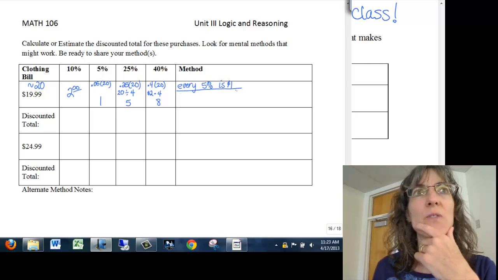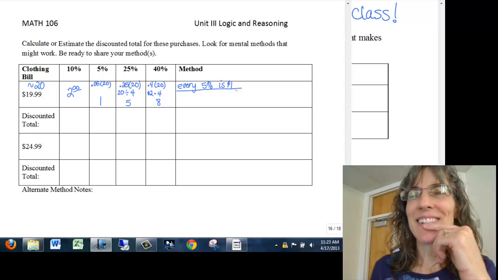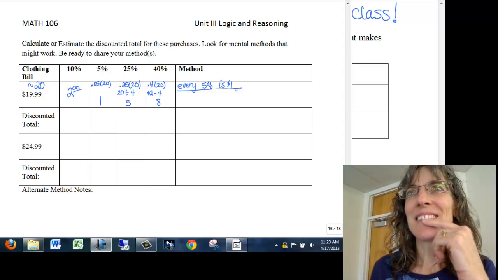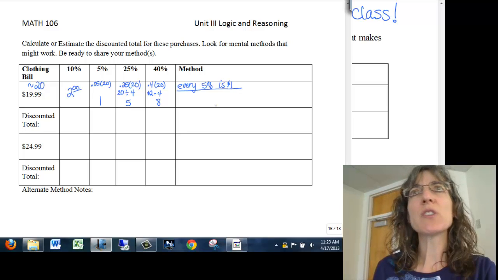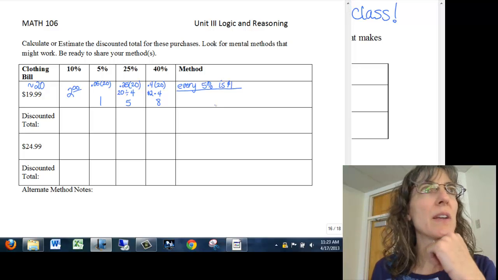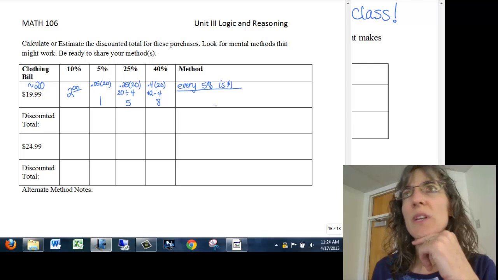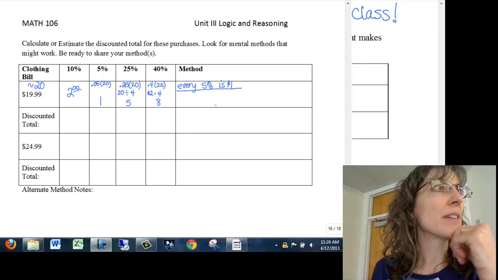Anyone want to phrase it other than Taylor, who's the one who gave it to me? I have a Tyler also. I'm sorry. So every 20% is... every 5% is $1. So how does that apply to this column for the 40%? How many 5% do we need for this? 8 of them. So 8 times 1, there's your 8.